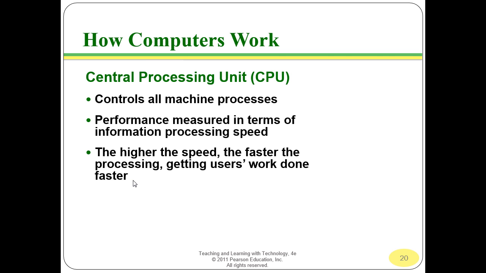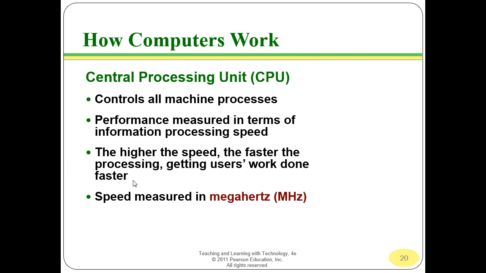Now, the higher processing speed that we have on that processor, the faster work can get done. And so understand that the faster chip that you get in that computer, the more expensive that chip is going to be. And so just be aware that you pay for processing power.